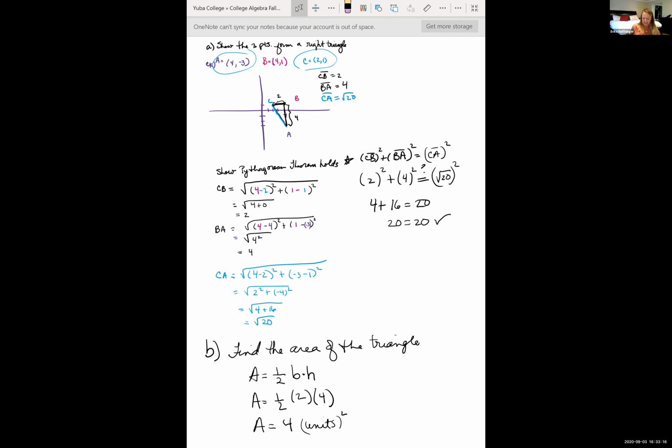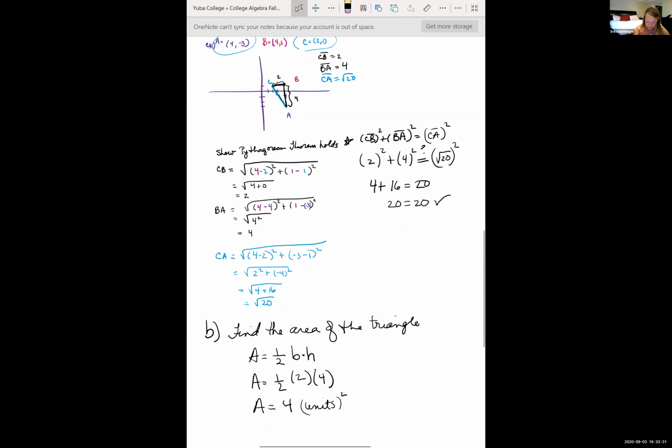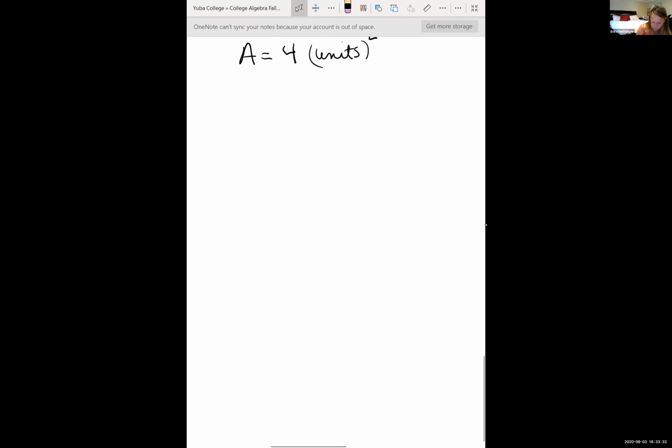So I think of it as we're trying to find a midpoint between two points. Basically, if we take the average of our x values and we take the average of the y values, that's going to be the halfway point between those two points. And so the midpoint formula: if you have 2 points, again, let's just arbitrarily call them x sub 1, y sub 1, and x sub 2, y sub 2.